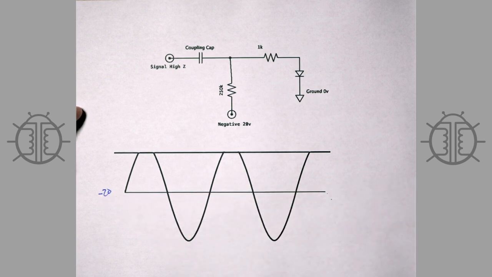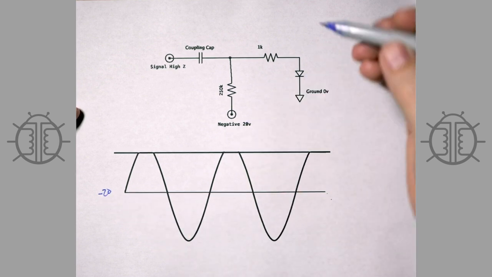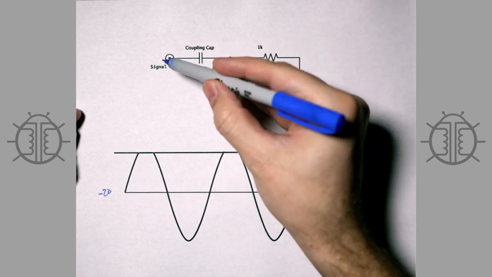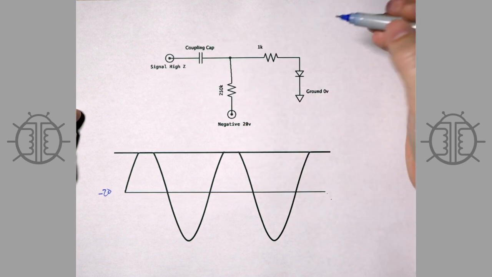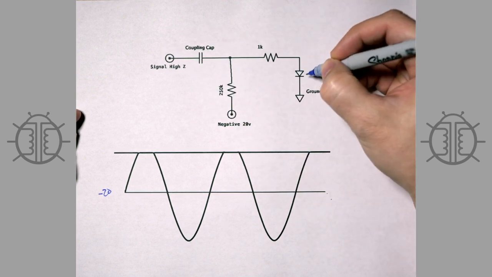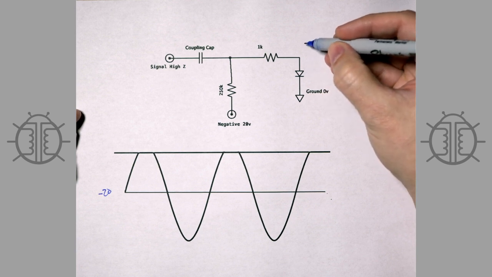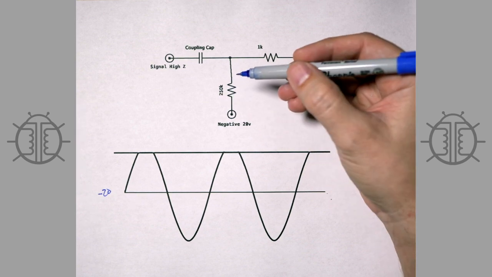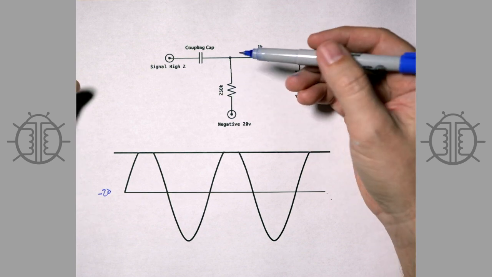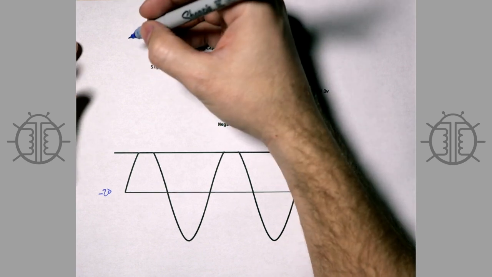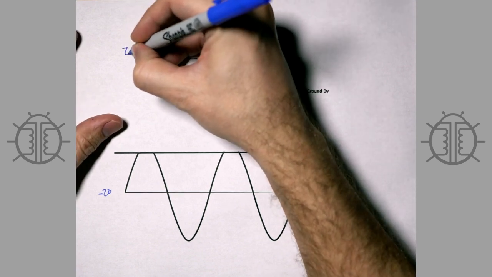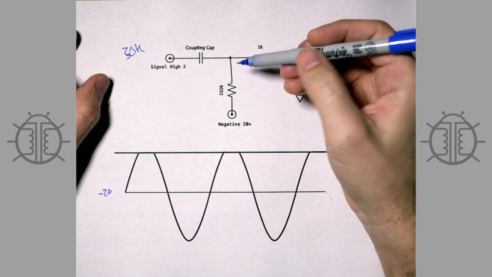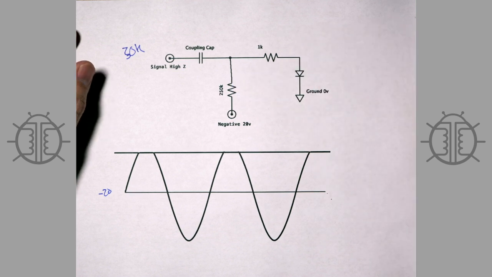The tops are more positive than 0, and suddenly the driver stage, which previously was swinging against a turned off diode, so basically infinite impedance, and also swinging across 250K, which is a large load. Typically, the plate impedance of a driver stage might be 30 kilo ohms or something like that, and so it's happy enough driving a 250K load.